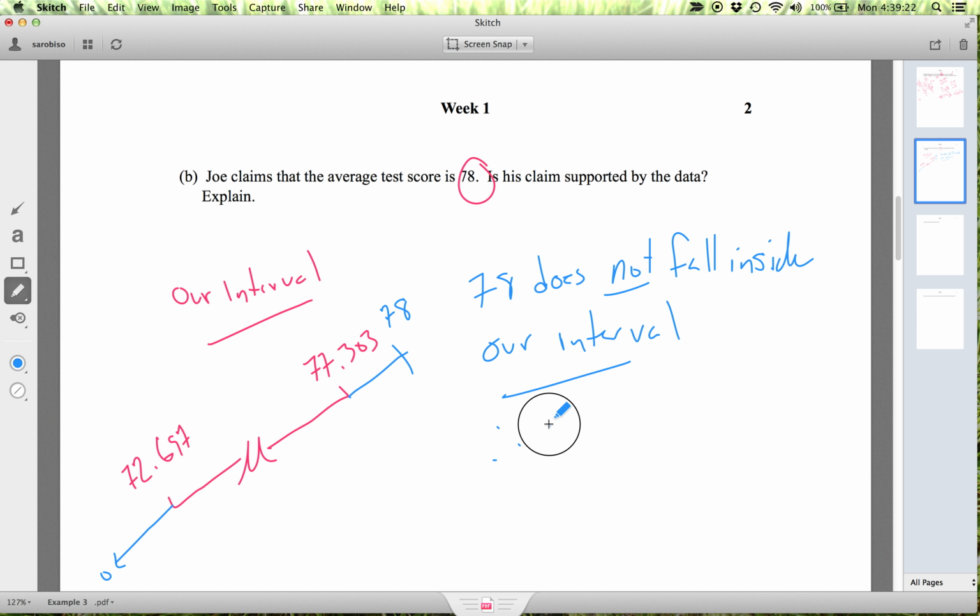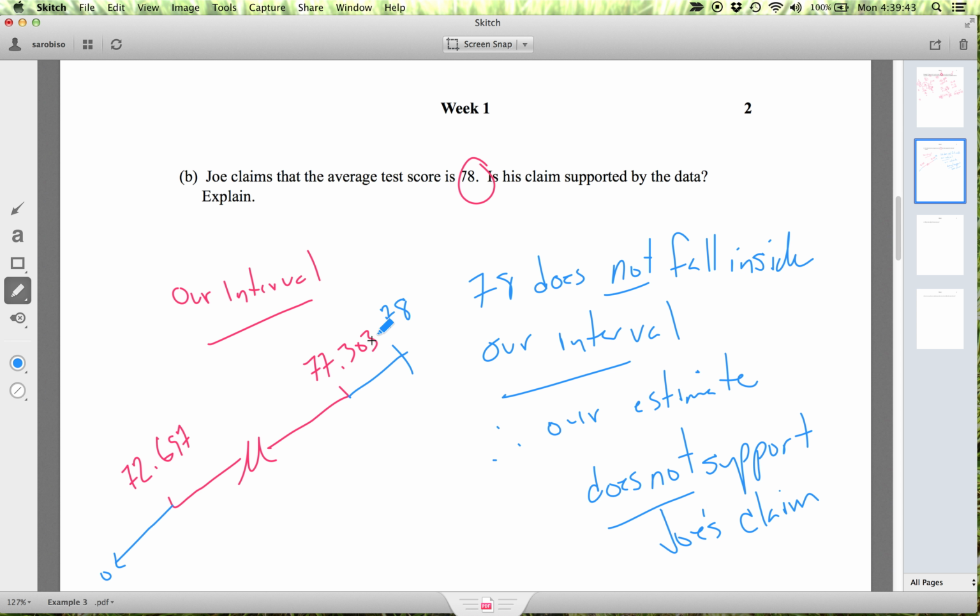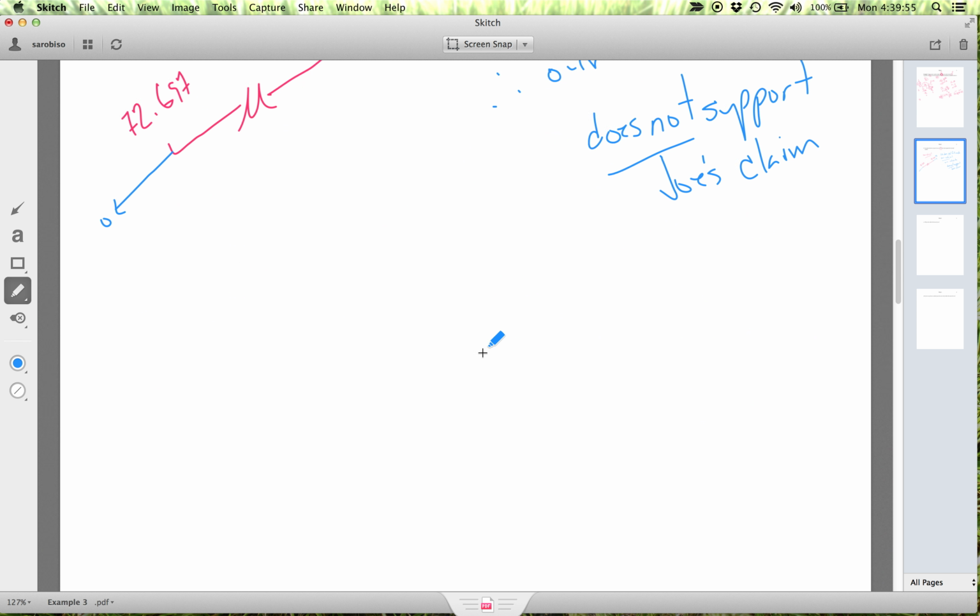Therefore, our estimate does not support Joe's claim. If it did support Joe's claim, then Joe's claim would be inside of the interval that we calculated. It does not, so we cannot say that Joe's claim is supported.